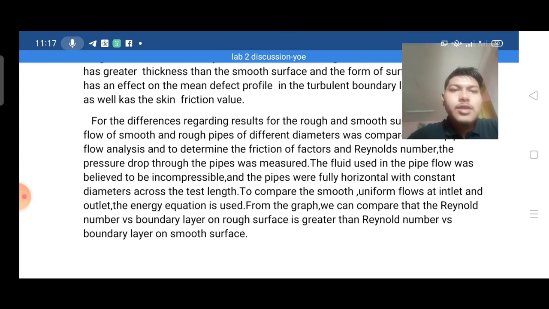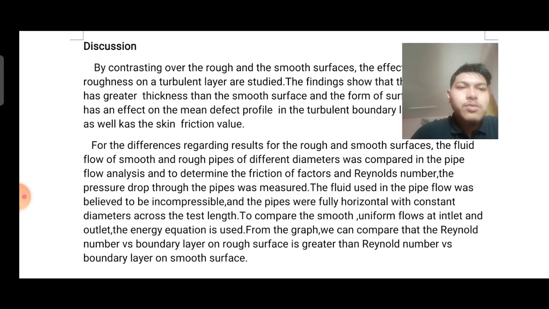For the difference in results for the rough and smooth surface, the fluid flow of smooth and rough pipes of different diameters was compared in the pipe flow analysis to determine the friction factors and Reynolds number. The pressure drop through the pipes was measured.